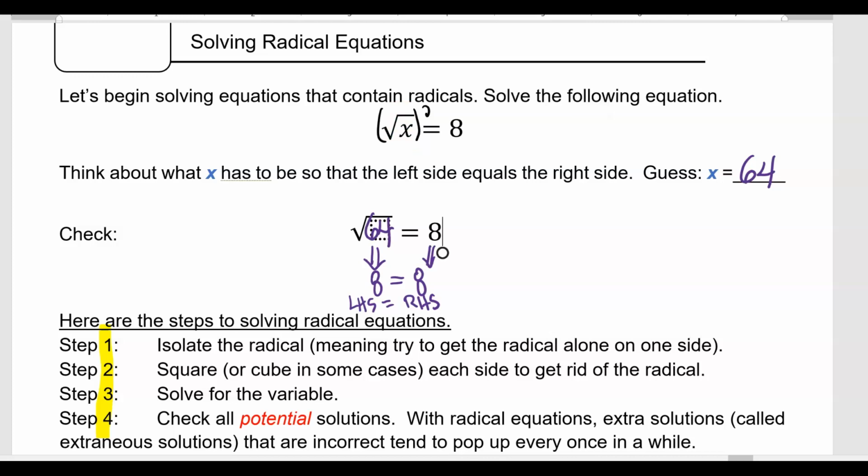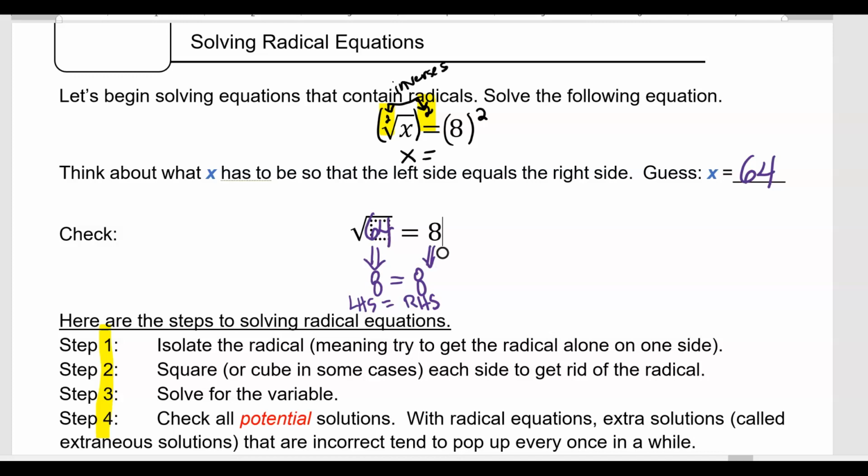And why are we squaring? Because if this is a square root, these are inverses of each other, and what happens is it will cancel out. So if we square the left side, we will square the right side, for example. And notice if you square the left side, you're just going to get x because these are inverses of each other, then the radical goes away.